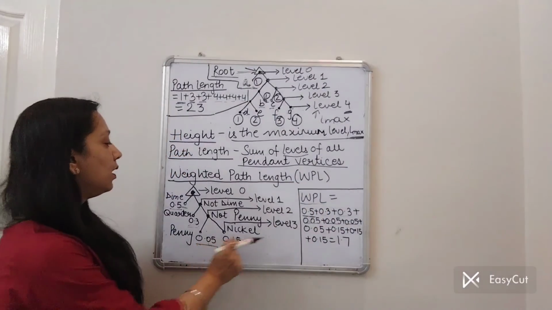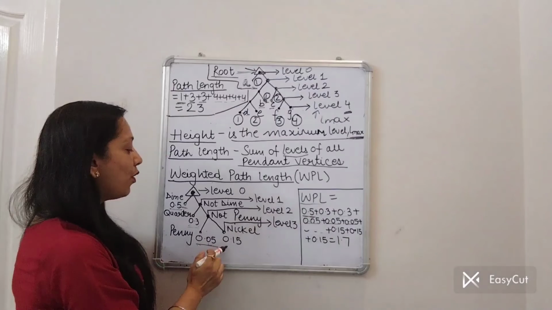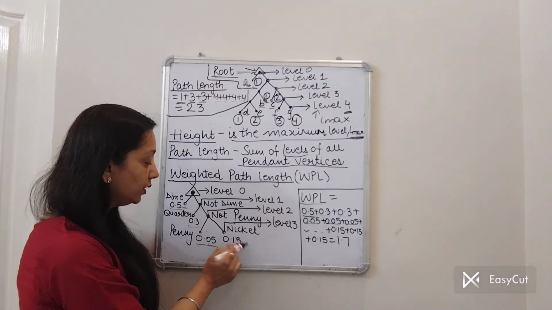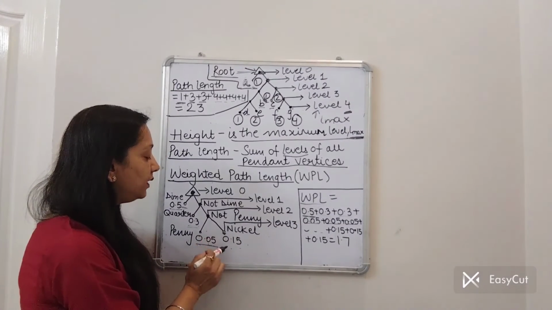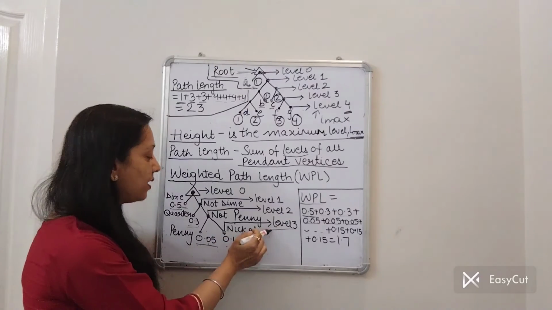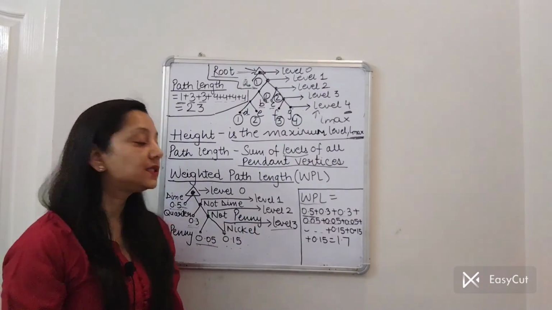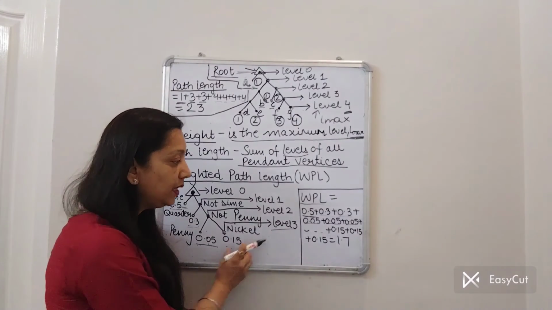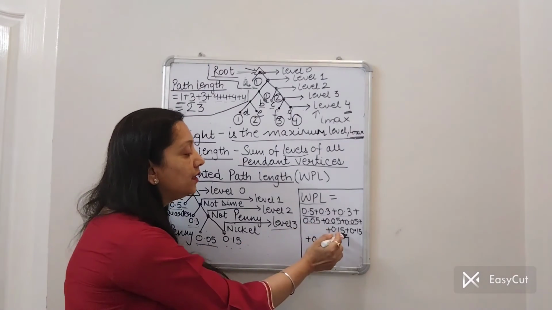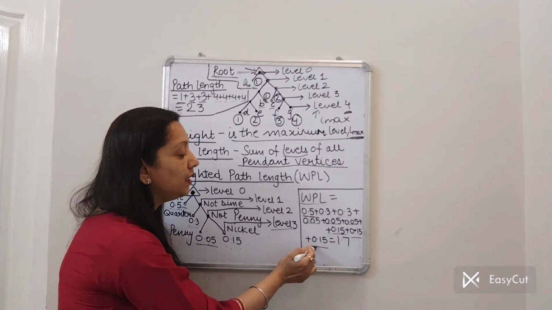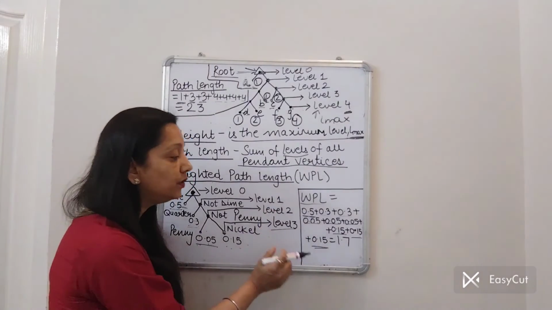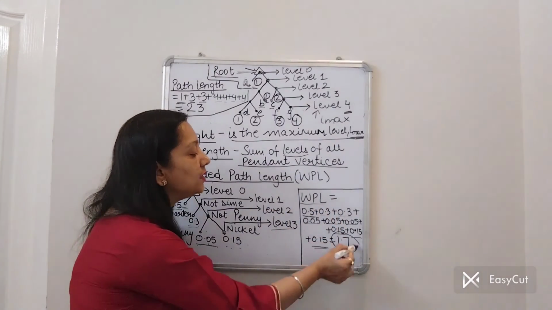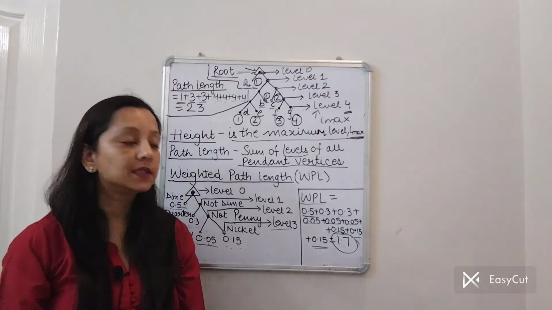Then 0.15 is the probability of a nickel entering into the machine. Now this is a weight associated with the pendant vertex at level 3 again. So since this is a weight associated with the pendant vertex which is at level 3, hence I will write this weight thrice. So if I sum up all these weights, what I get is 1.7.